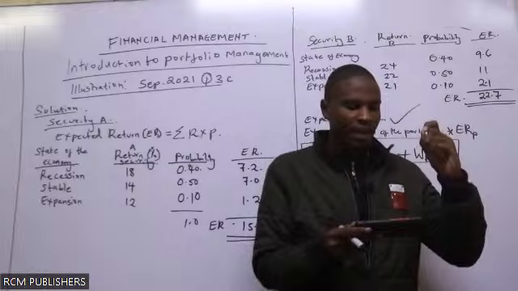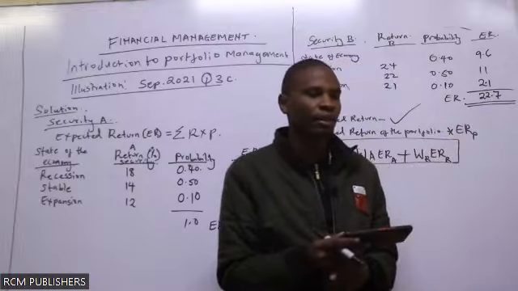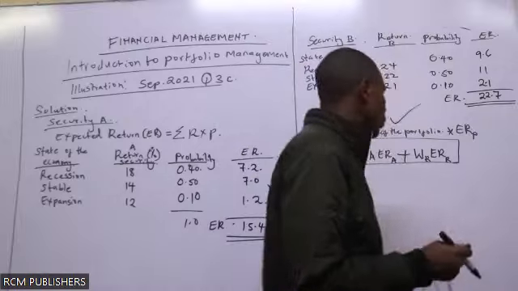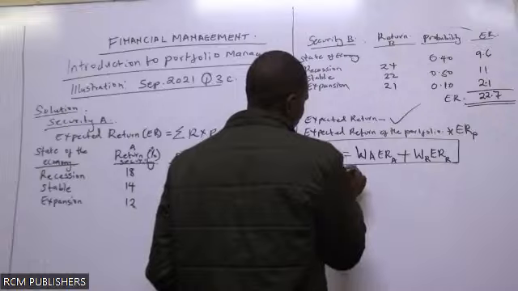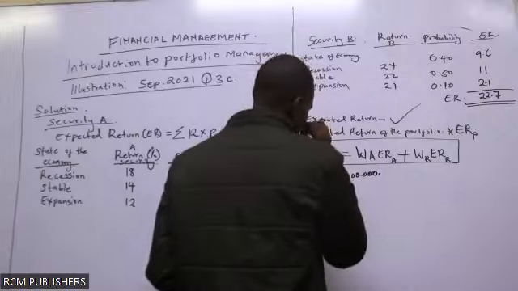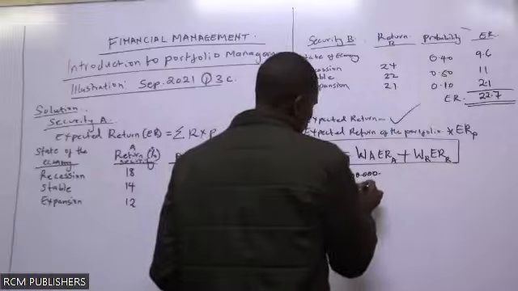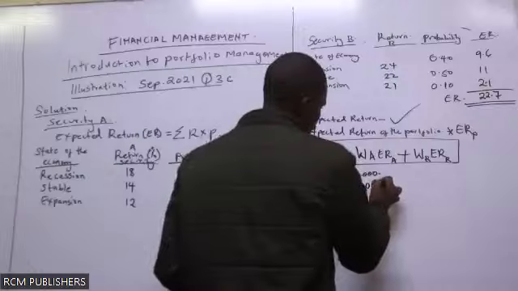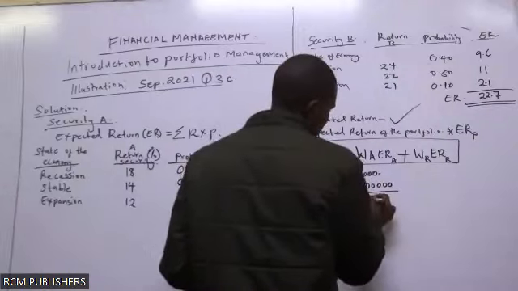Now, the total amount that this person Akumu had was Kenya shillings 1 million. So if I want to get the weight of A, it will be equal to whatever she invested in A divided by 1 million, remember this is the weight.